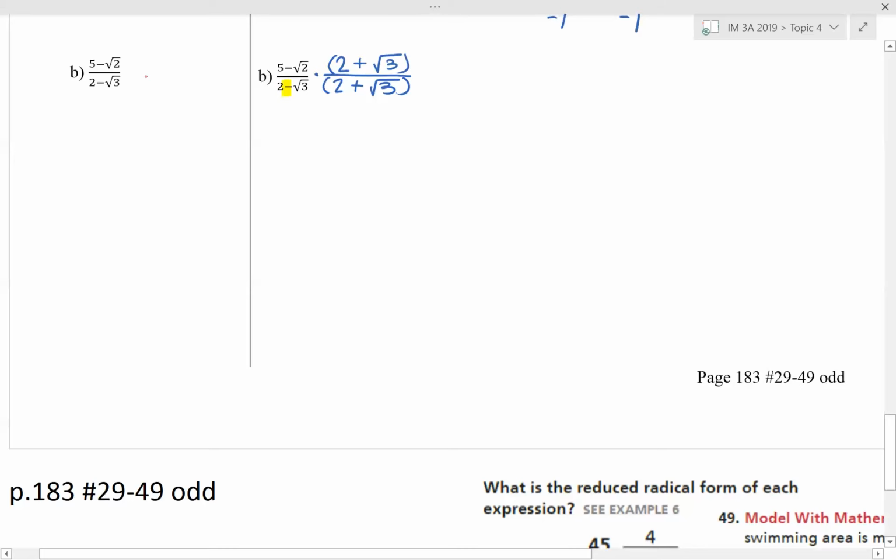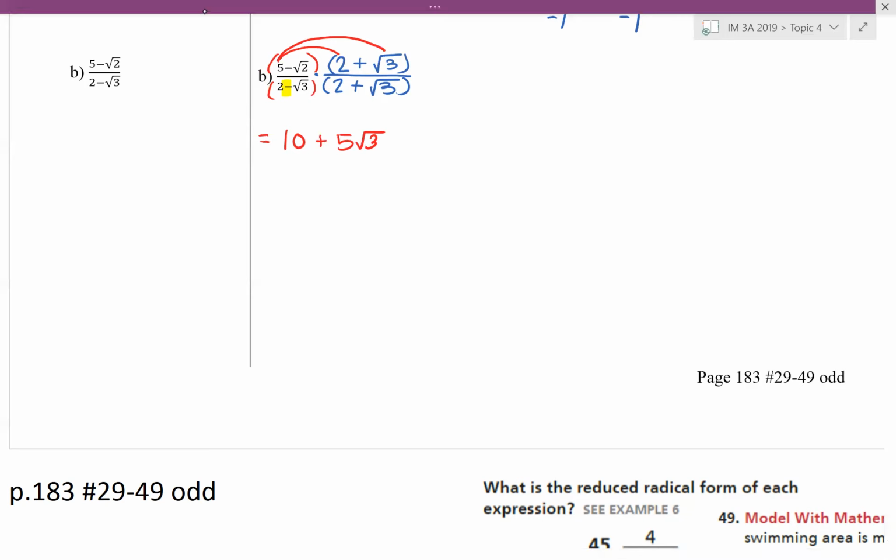So the numerator, though, is a whole different story. When I multiply these, because I have 2 different binomials, I am going to have to multiply everything through. So when we're multiplying 5 times 2, that's 10. 5 times radical 3, we're just going to write the 5 as a coefficient. So since the 5 is not in a square root, I cannot combine those and multiply it to get some kind of 15. Okay? So that 5 just becomes the coefficient.